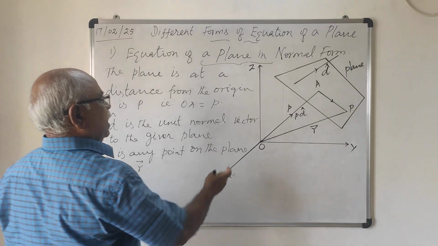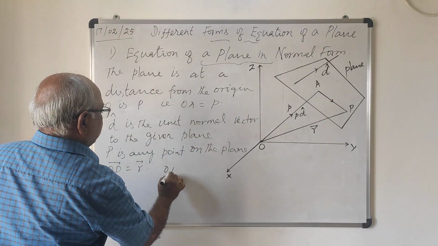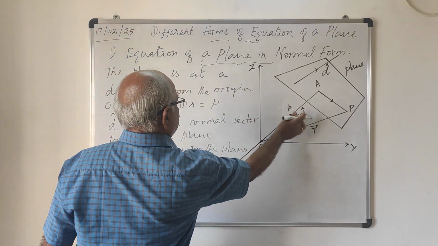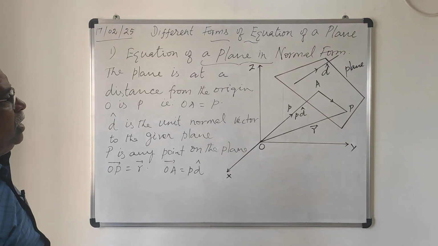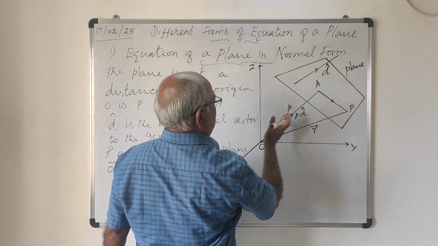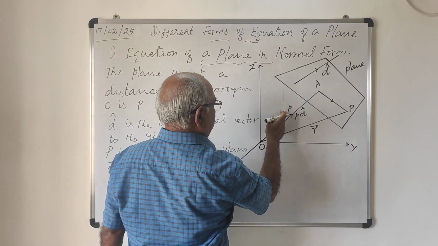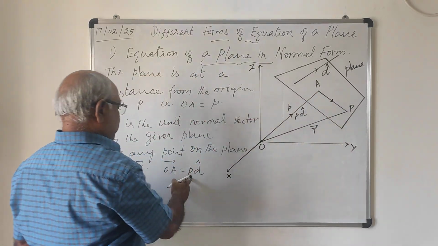Since OA is parallel to the unit normal vector d cap, OA vector has magnitude p and direction d cap, therefore OA vector is p into d cap.